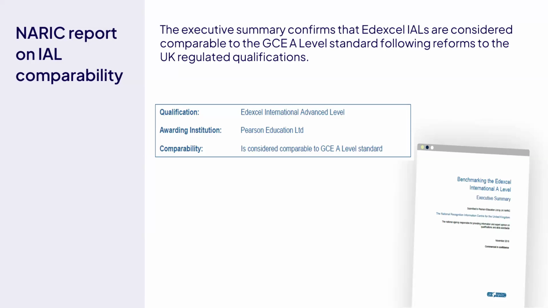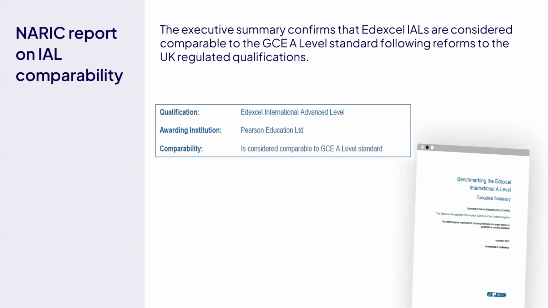And so in terms of talking to your students about this, although it's called an international A-level, you're doing something which has the same level of validity, if you like, as the UK A-level.